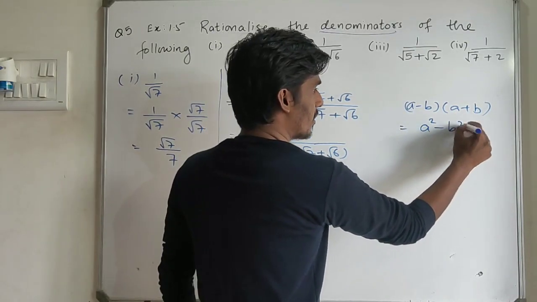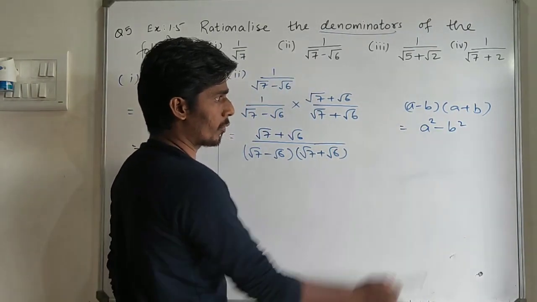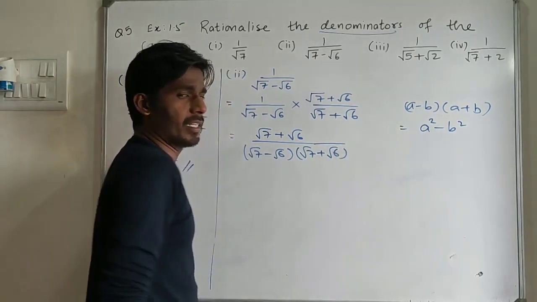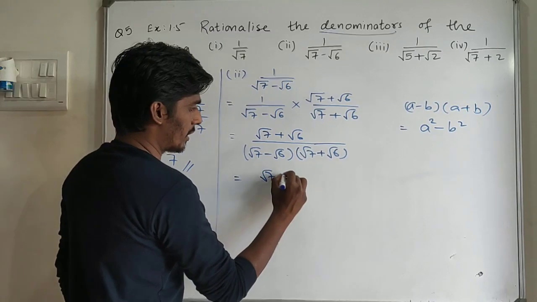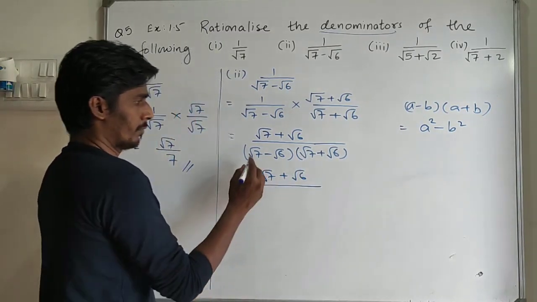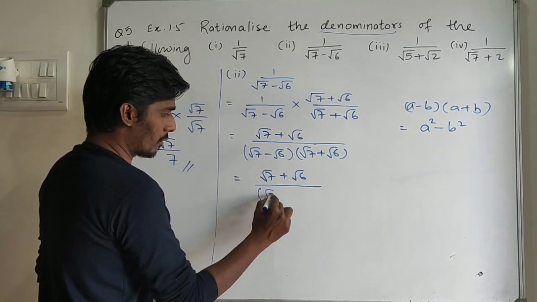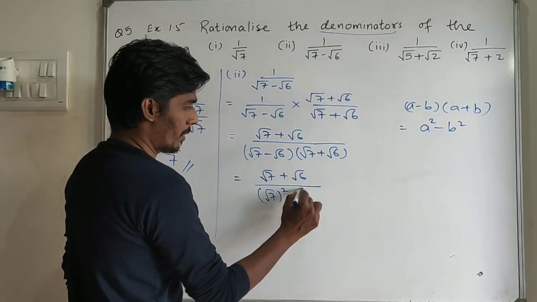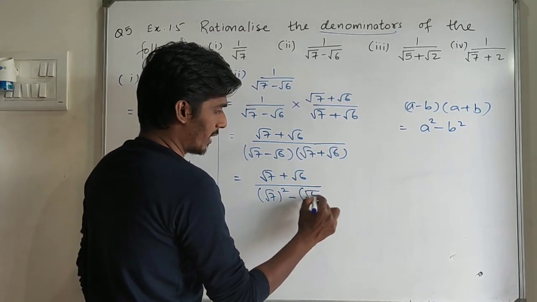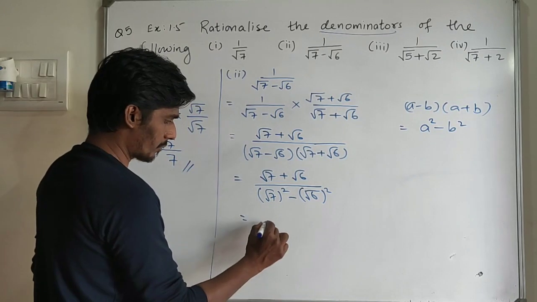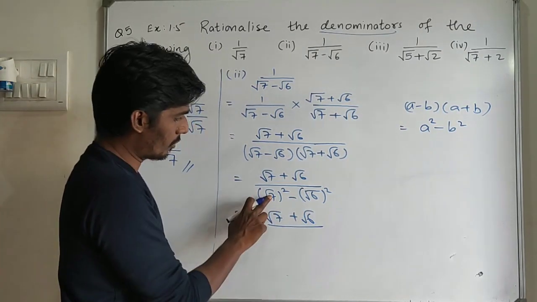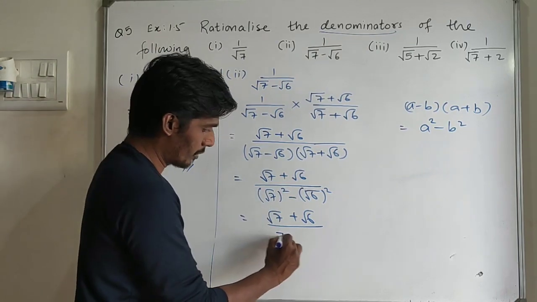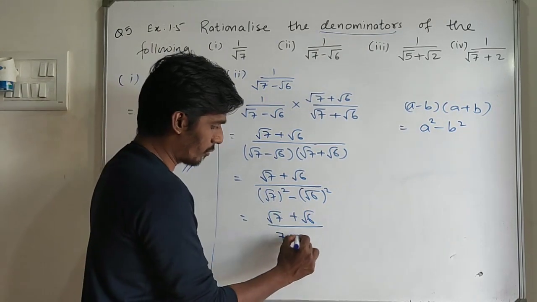It's a square minus b square. First term square, second term square, middle term sign minus. Apply the same thing here. First term square means root 7 square minus root 6 square. Now the square of root 7 is what? 7. The square of root 6 is what? 6.